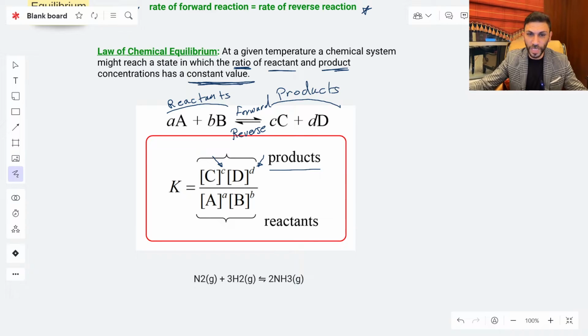So basically here we have the products, each one to the power of its number of moles in a balanced chemical reaction, divided by the concentration of A to the power of a multiplied by the concentration of B to the power of b, and those are the reactants. So always here the products and here the reactants, each one to the power of its number of moles.